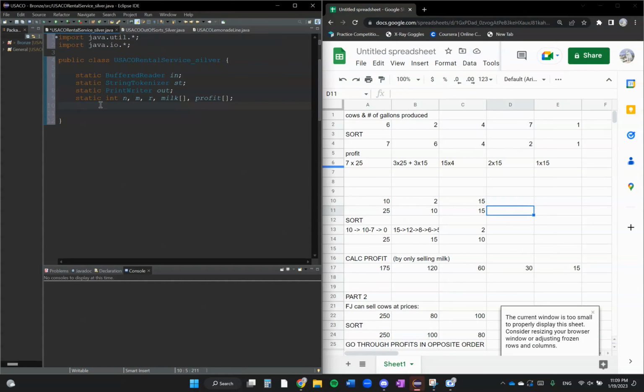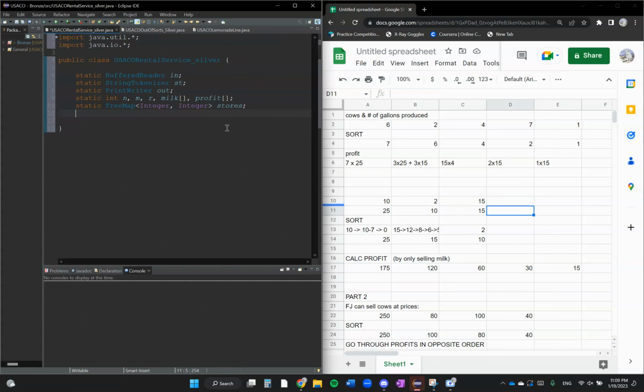So let's use a TreeMap that has as a key the amount of cents that it pays for each gallon, and as a value the amount of gallons remaining it can buy. So it's also going to have to be sorted, so let's use a TreeMap for that. And this is going to let us find the stores we should sell the milk to extremely fast.